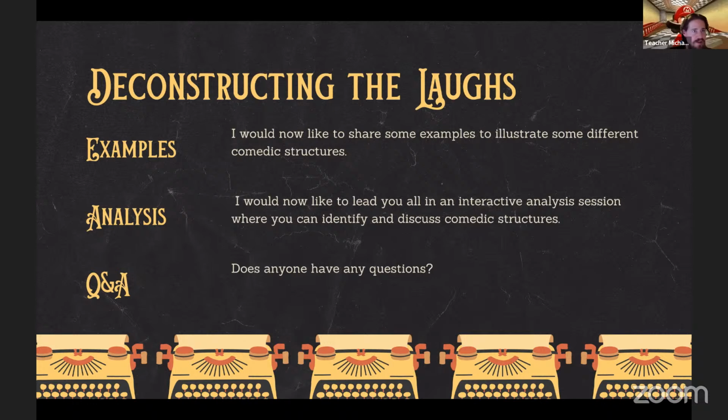The other one is called the reverse. And this is when a joke leads you to think option A is the punchline, but then the joke flips and makes the punchline option B, which you were not expecting.